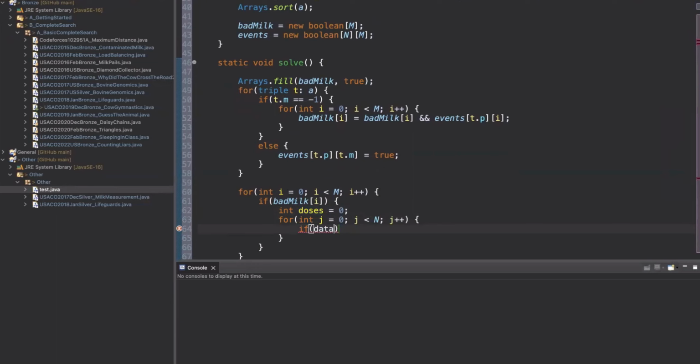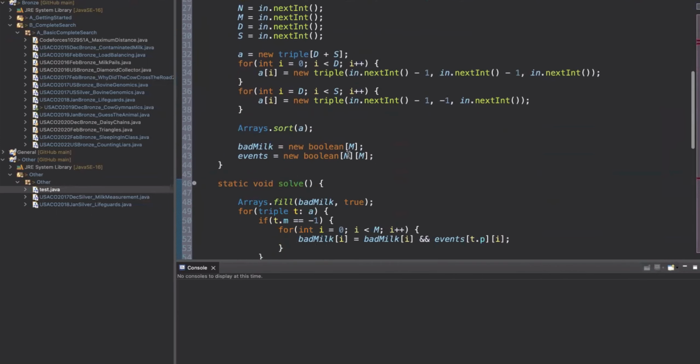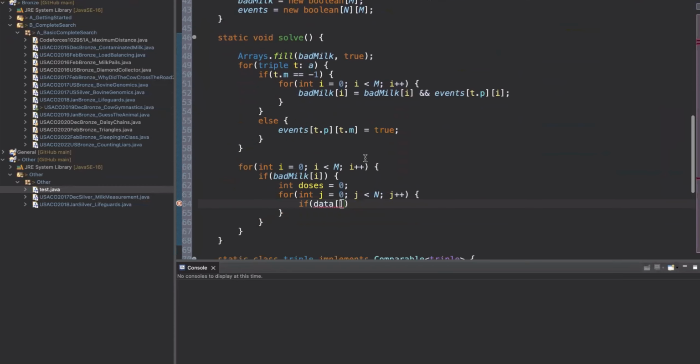So if data[j][i] is true, then we're going to increase by 1.